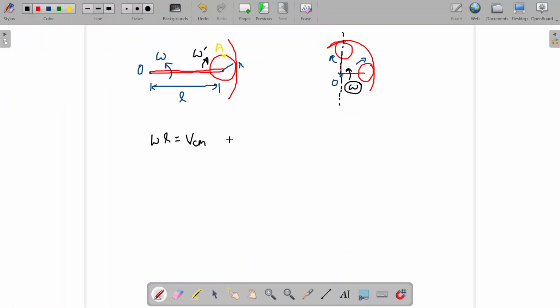We know that for rolling, omega dash r, the velocity of the peripheral point of the disk, should be equal to VCM. So omega dash r is equal to omega L, or omega dash is equal to omega into L by R.